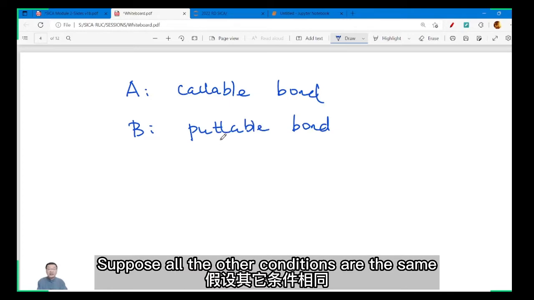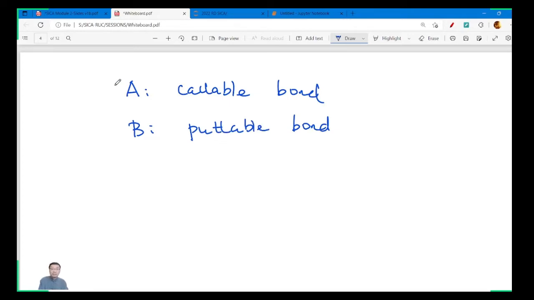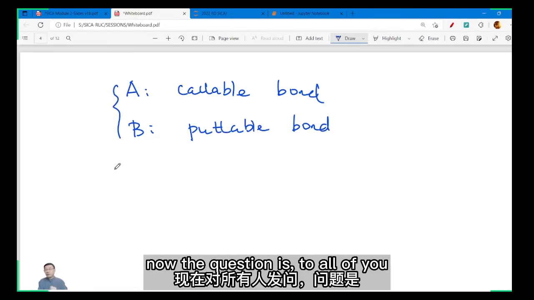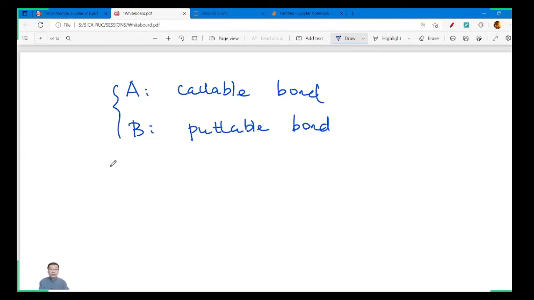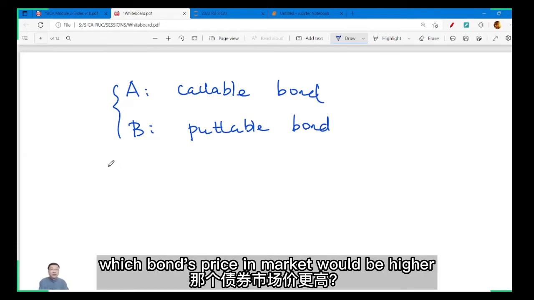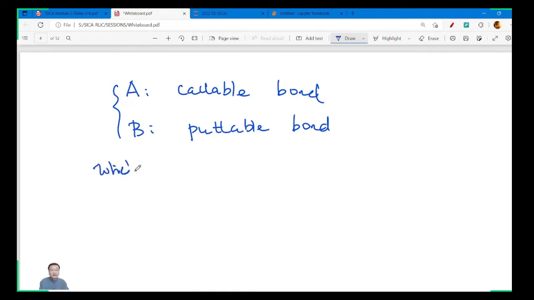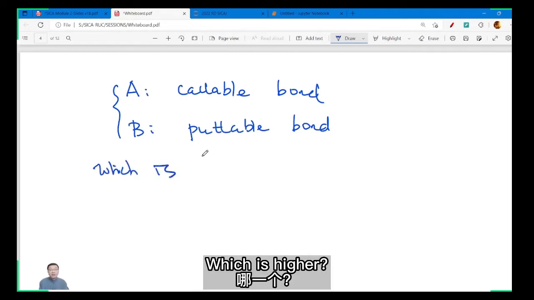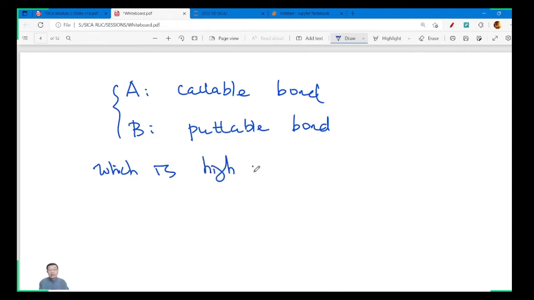Suppose all the other conditions are the same. Now the question is to all of you, you can imagine which bond's price in the market would be higher. Which is higher? And why?